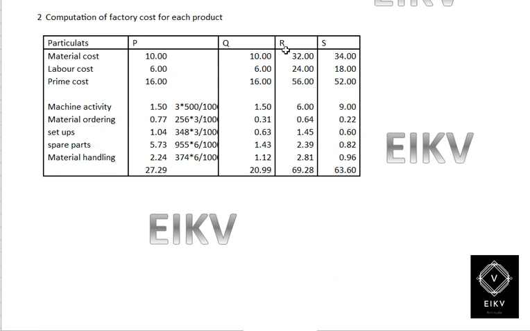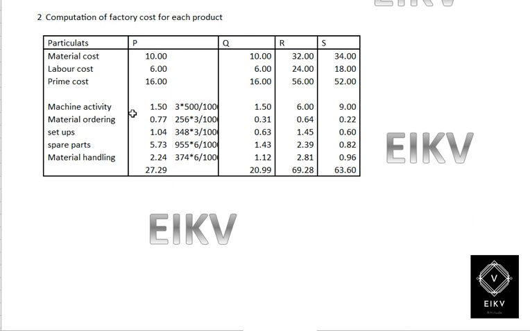Therefore, I have made a table which contains 5 columns: particulars, P, Q, R, S. Then we have total material cost as given in the question, 10, 10, 32, 34. Then direct labor 6, 6, 24, 18. When we add material and direct labor, we get the prime cost as 16, 16, 56 and 52.